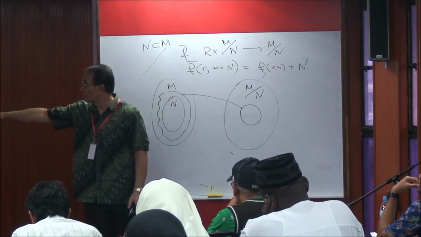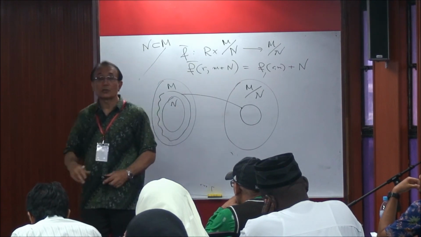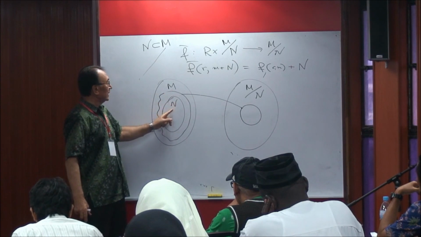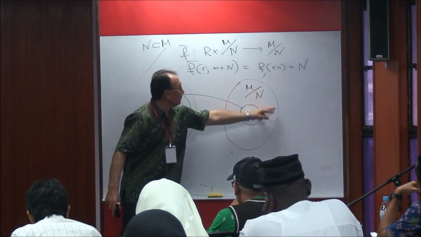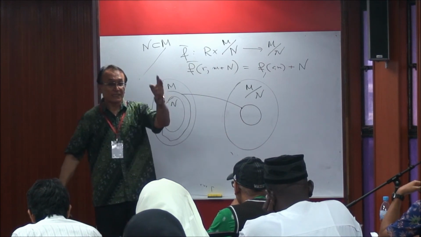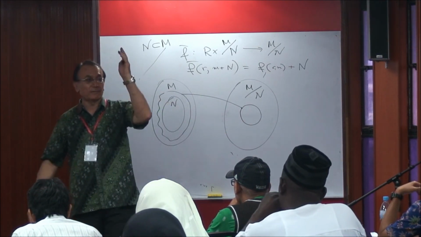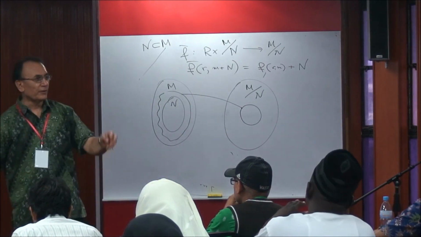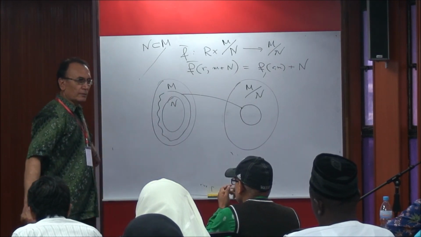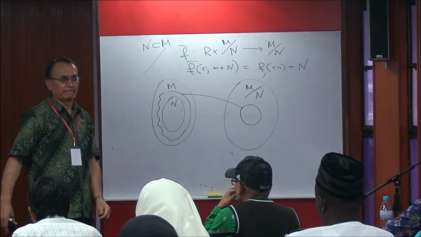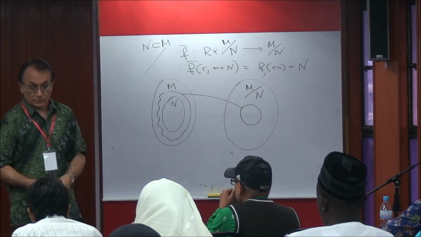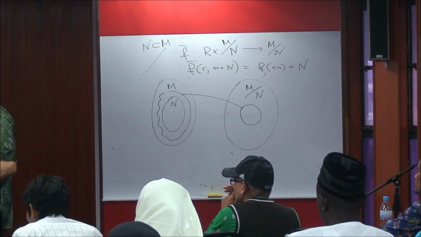That is the correspondence theorem. There is a one-to-one correspondence between submodules of M containing N and all submodules of M over N. That is a universal theorem. It holds for groups, for rings, for modules, and for algebras as well. So in the algebras case also we can find similar things.